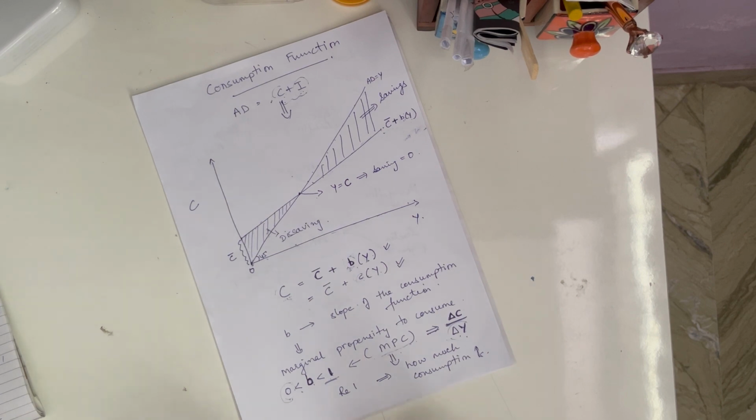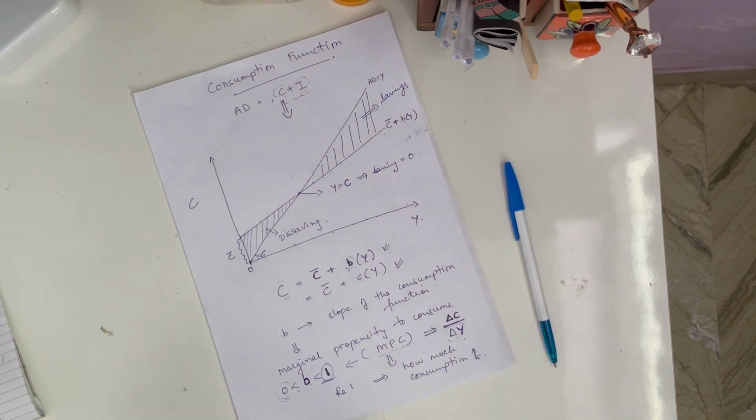And if my MPC is 1, it means that if my income increases by 1 rupee, I am consuming the entire 1 rupee and not saving at all. Both are actually not very realistic.